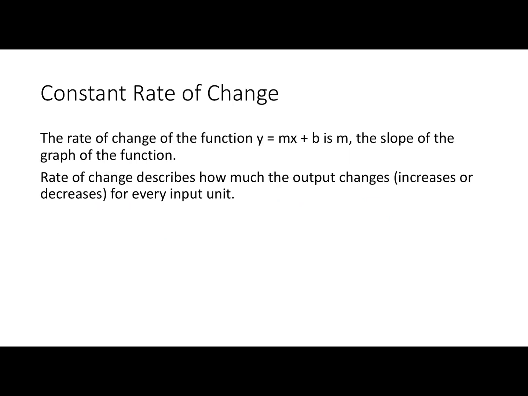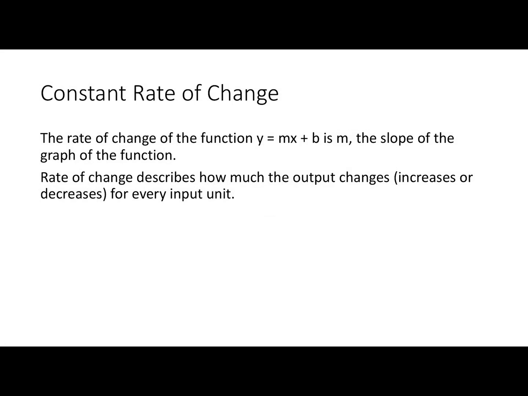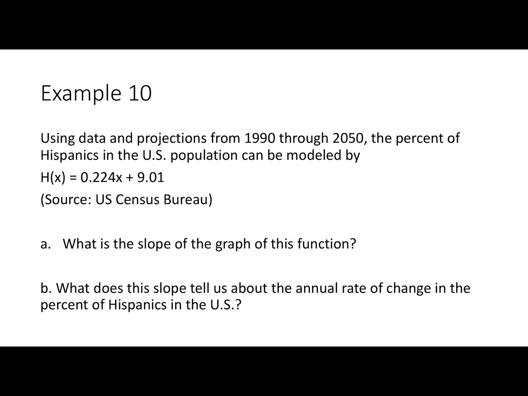Constant rate of change is another way of calling out slope of a function, and it describes how much the output changes for every input unit. All right, so what is the slope of the graph of this function? The slope we easily identify. We do not include x. Now, the slope is just a value that's attached to your variable.